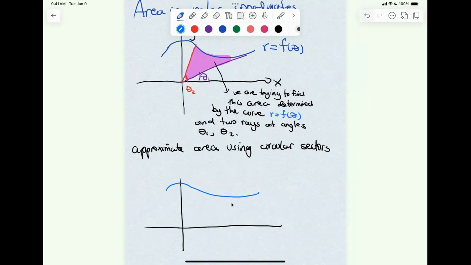And let me try to do something a little bit more curvy. I draw a bunch of rays. Again, this is the initial ray. I'll put in purple the initial rays and the final rays.